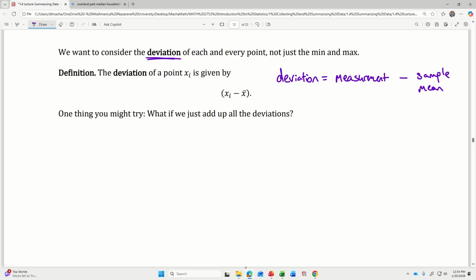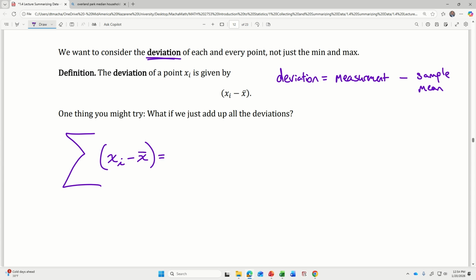So one thing we could try is say, what if we just add up all of the deviations? Remember that capital Greek letter sigma says add up all of these deviations for every measurement. That could be a good thing. If we were to do this, remember that adding and subtracting are associative, which means I don't really need the parentheses if all I'm doing is adding and subtracting, right? We can get rid of the parentheses. Also, adding is commutative.